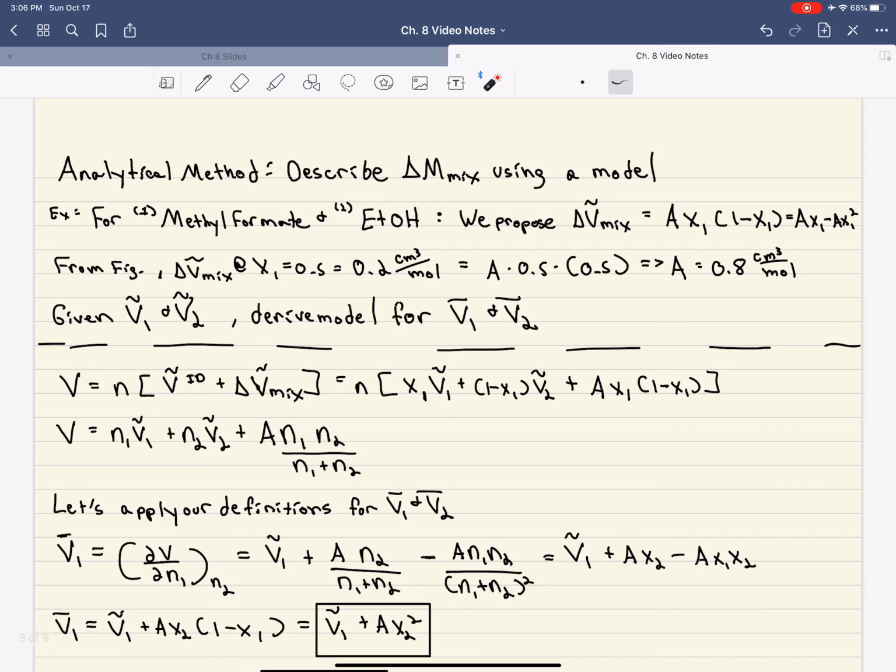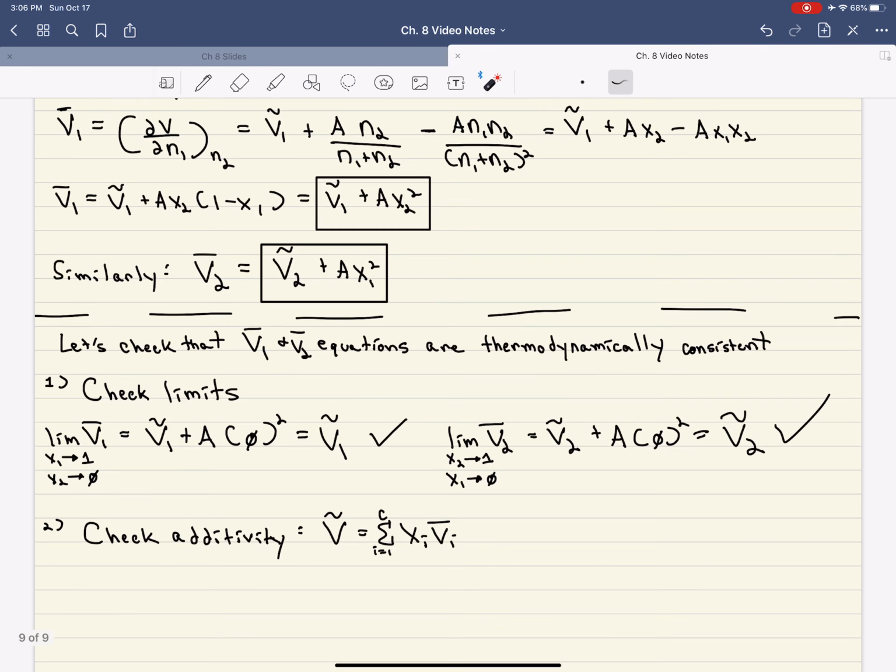If we took this volume and divided it by n, we should expect to get back this equation.